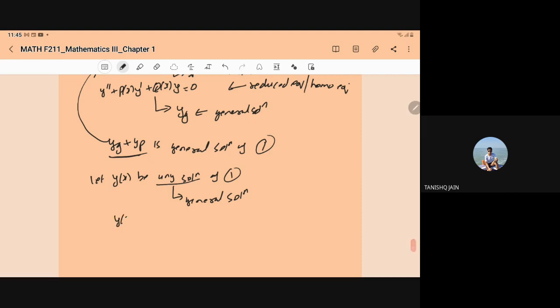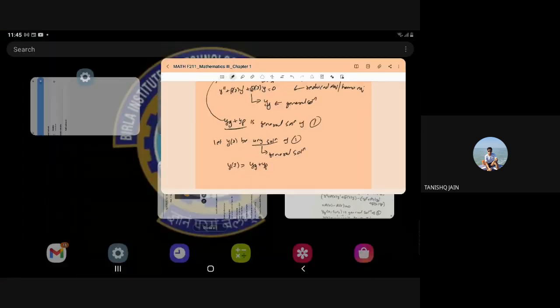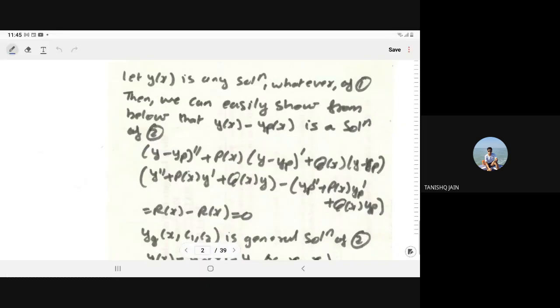It means I will prove that y(x) is equal to Yg plus Yp. Clear? So that is the methodology of proving this. Then we can easily show that.